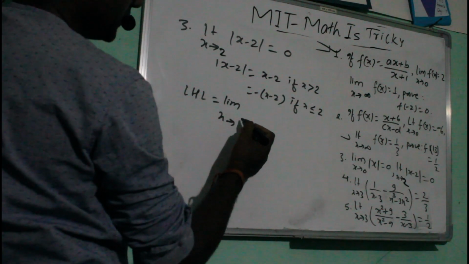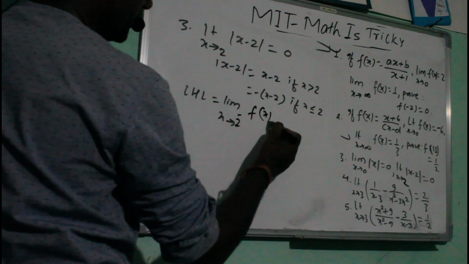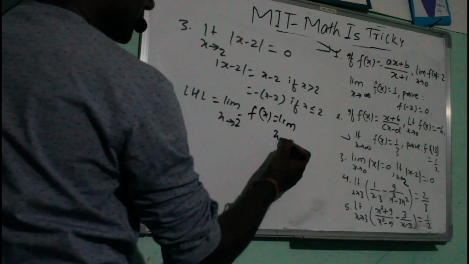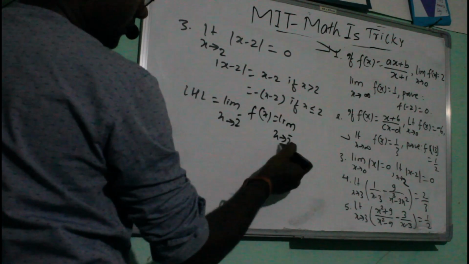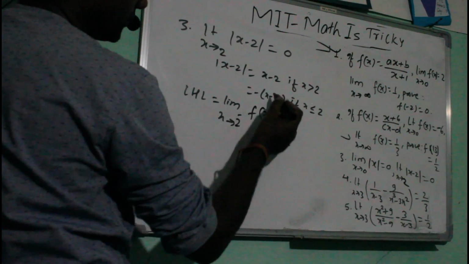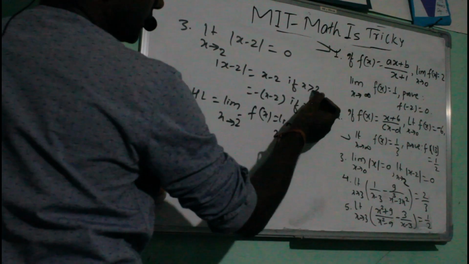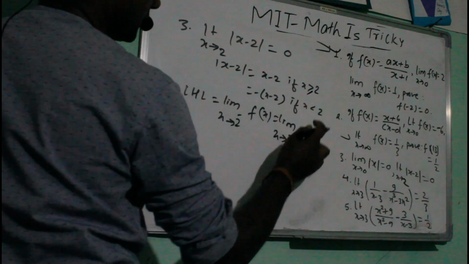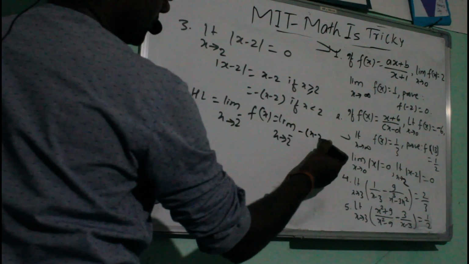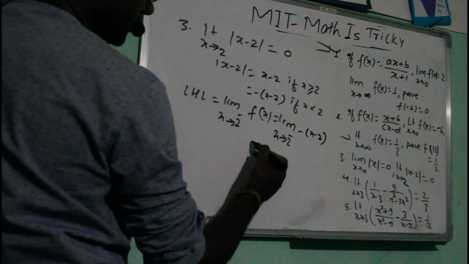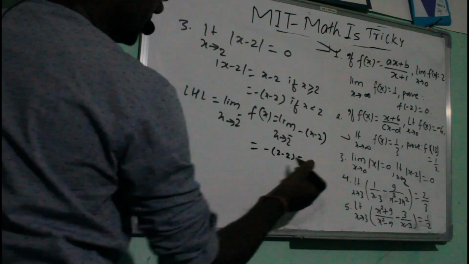So it is simply x tends to 2 minus f(x), so we'll be getting limit x tends to 2 minus, and let's choose that value which is defined for less than 2, so it is minus x minus 2. And then what we'll get here, if you put x equals 2, 2 minus 2 equals 0.